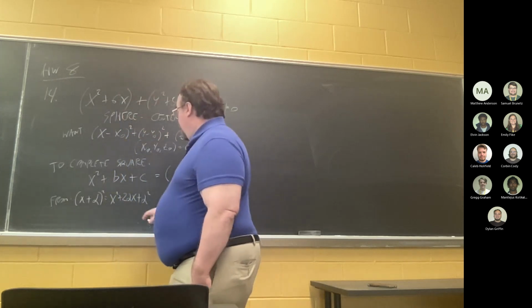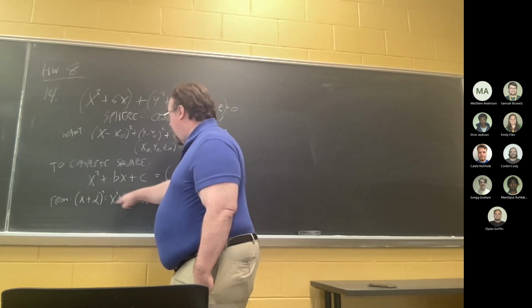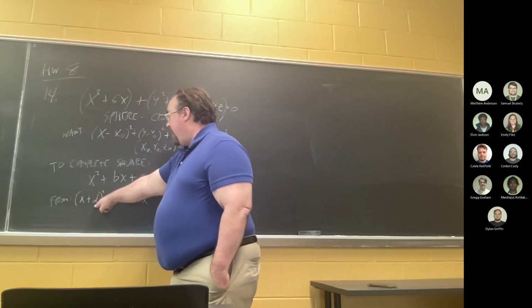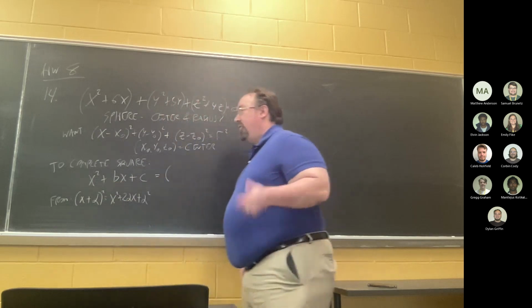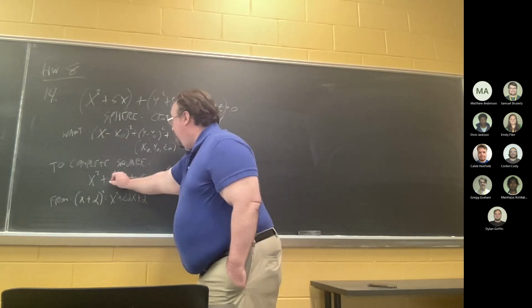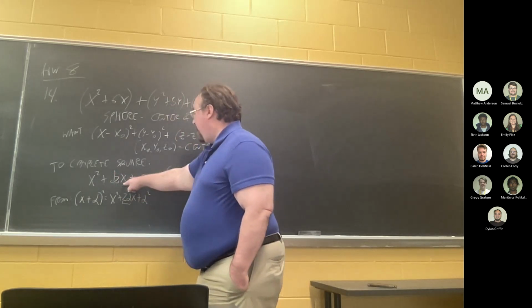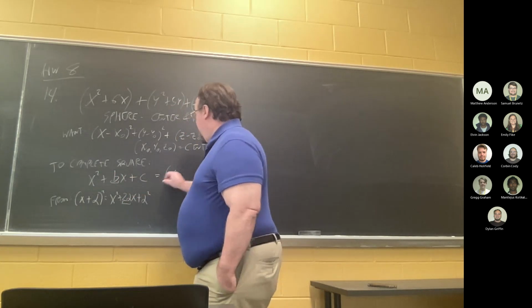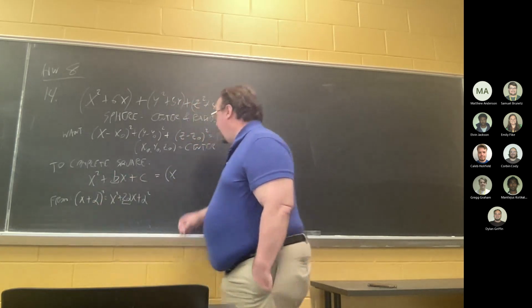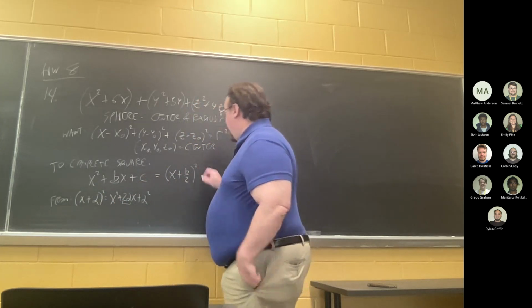So whatever the coefficient of x you have here is always twice what's being added to x in the square completed form. Here we have bx, which corresponds to the 2 alpha. So whatever you have in front of the x, half of that is always what goes here. So you have x plus b over 2 squared.